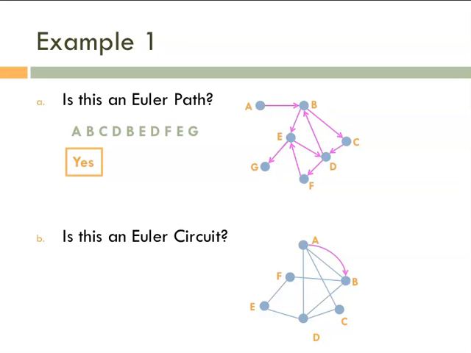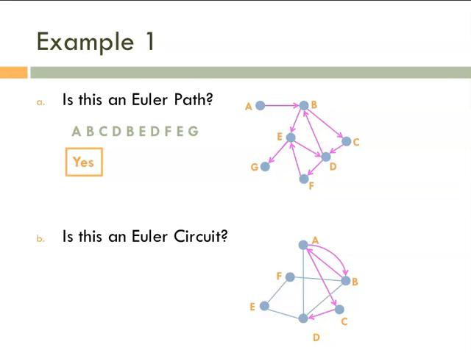So if we start at A, let's go to B. And from here, let's see, we'll try to use up all the edges that are up at the top first. So let's go back to A, use that edge. And then let's go from here to C. Okay, from there, we only have one option, to go to D. And remember, we need to go back to A at the very end.